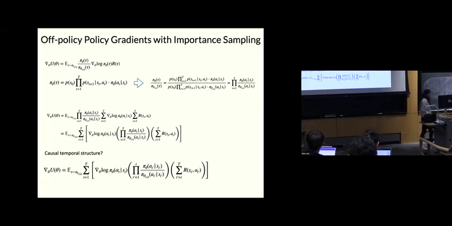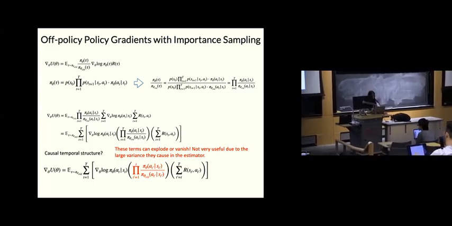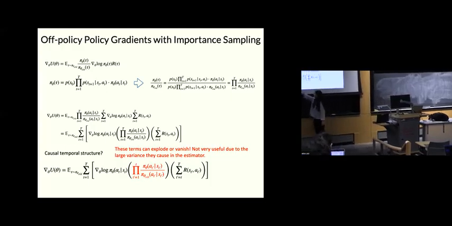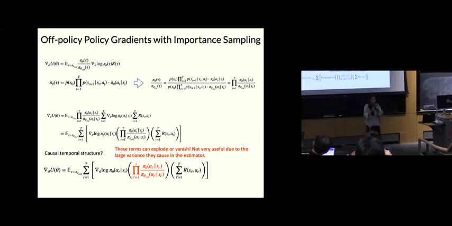This is the off-policy policy gradient with importance sampling. Unfortunately, despite the fact that the math is kind of easy, it is not a very useful formula. The reason is that these terms are very nasty, because there are long products, and each one of those action probabilities can be very, very tiny.